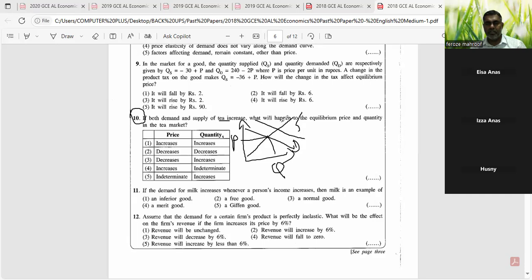Supply is increasing. If demand and supply increase equally, demand shifts to the right, and supply also shifts to the right. What happens here? Price constant, quantity increases. Can you understand? Price constant, quantity increases.